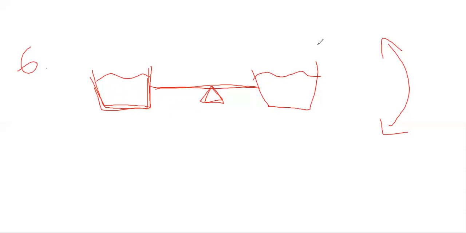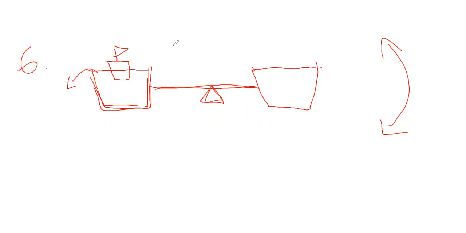Well, the key here is that the water goes all the way to the very top of these gondolas. So let's draw that a bit more precisely. It goes way to the top. Now if we put a floating object in there, here's a boat, in this side, that's going to push some of the water out. How much water is displaced?